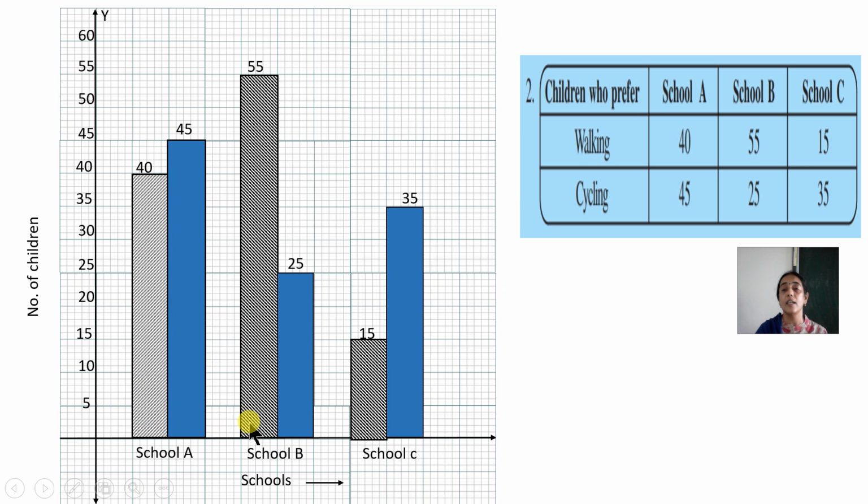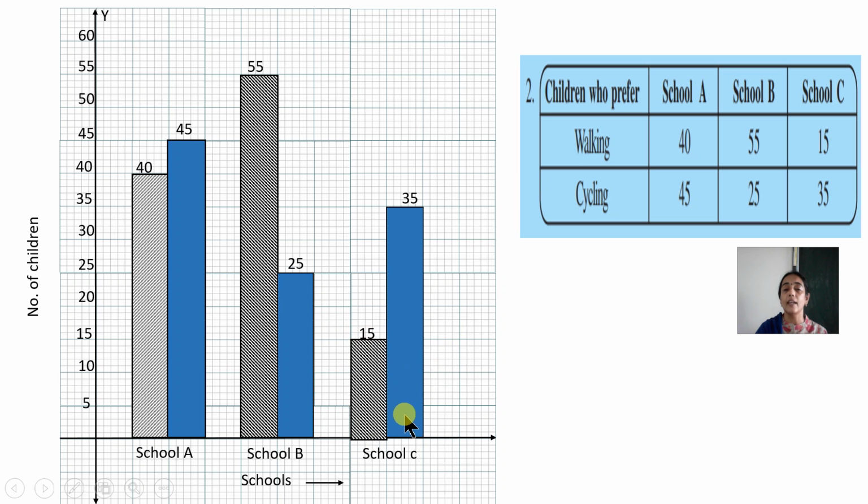Similarly, school B, walking 55 children prefers. So you go and plot a bar and come back down and this becomes 55. Then 25. So you go till 25 and draw a square. Similarly for school C, walking is 15. So you go till 15, left inside, go back and come down.